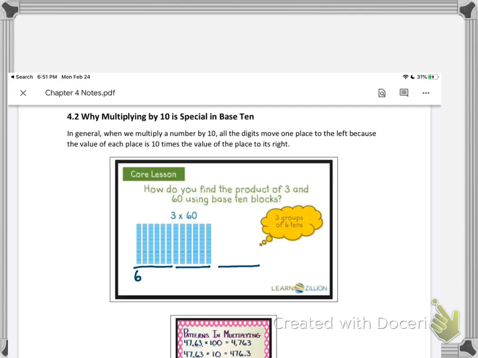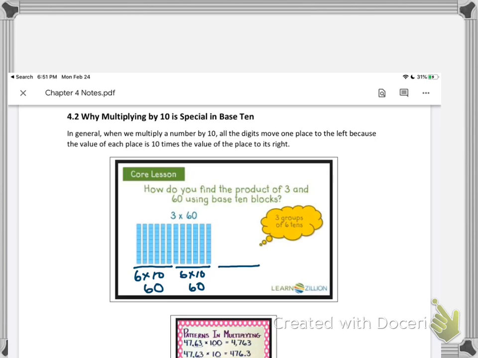So 6 columns of 10, you take your 6 and you move it one place to the left. That becomes 60. 6 times 10, you take your 6 that was in the 1's position and you move it to the 10's position.